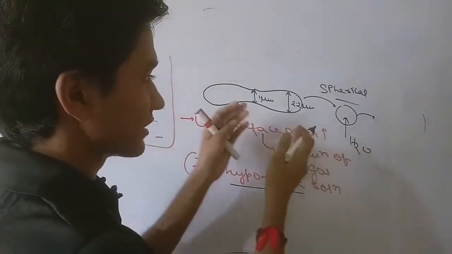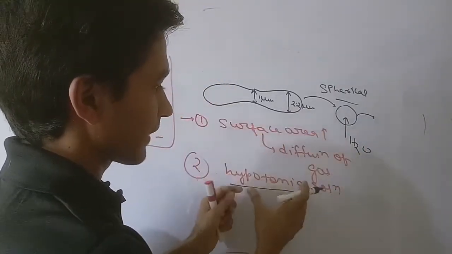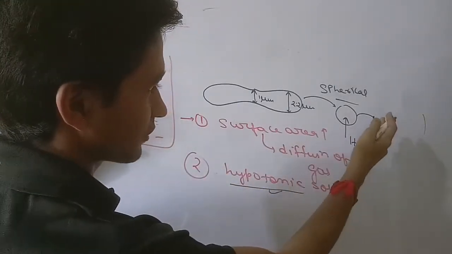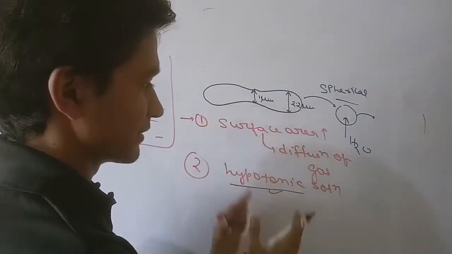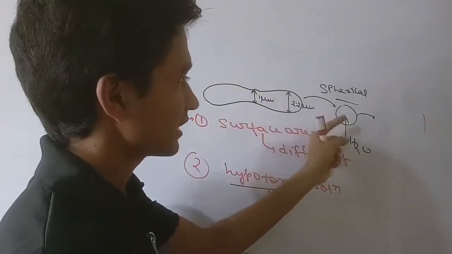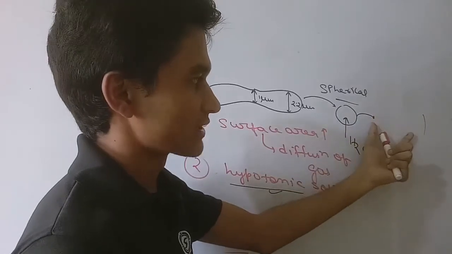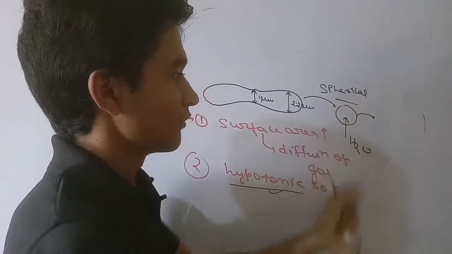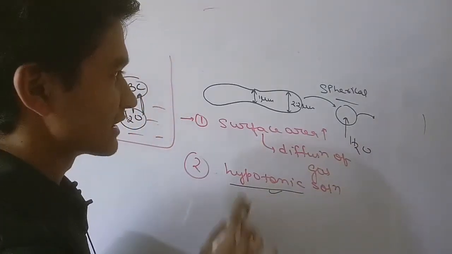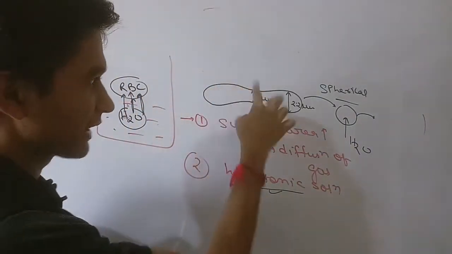So RBC has a time lag between being put in hypotonic solution and bursting. We can prevent bursting of RBC because RBC takes more time to burst, as it has to convert into a sphere first, while a normal spherical cell will burst as soon as we put that cell into hypotonic solution. So this is the second benefit of the biconcave cell.